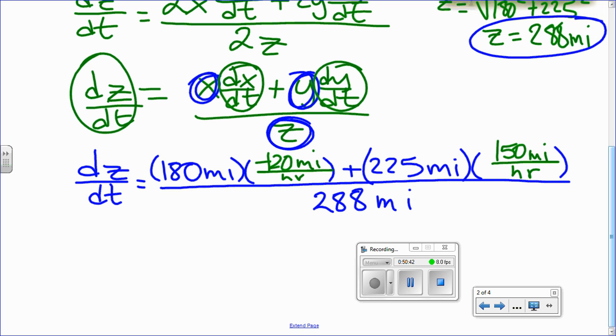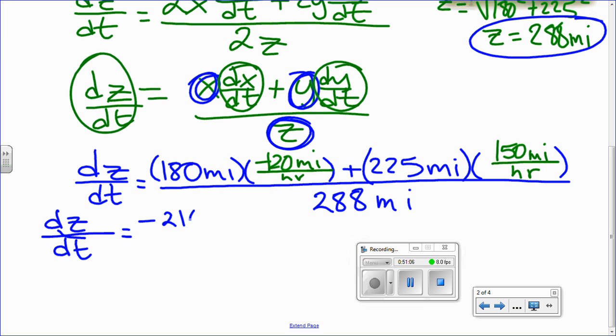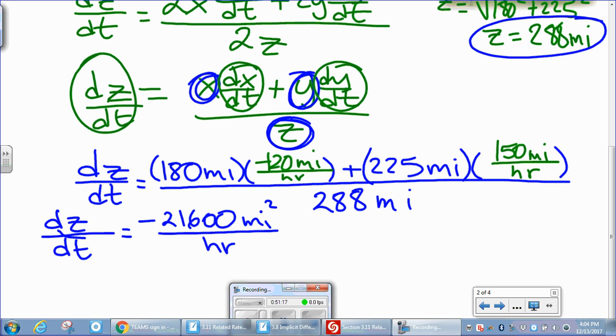Okay, so now after simplifying our operations a little bit, let's see what we're going to get. dz over dt is going to be negative 180 times 120. That will be negative 21,600, and that is miles squared per hour. Then we have the 225 times 150.